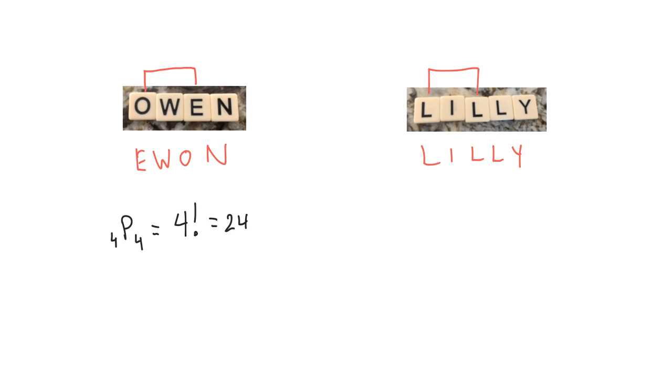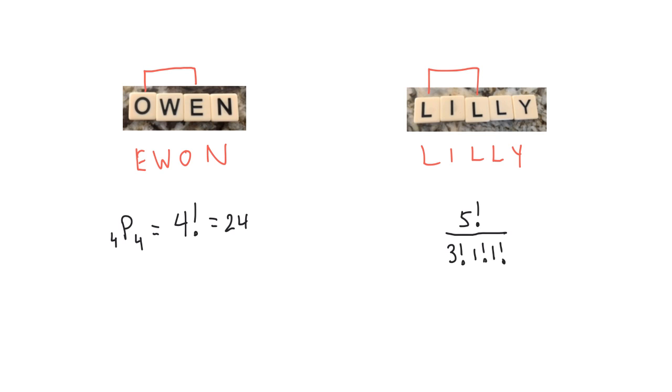All the same thing. Meanwhile, with Lily, the number of rearrangements would be 5 factorial if all the letters were distinct. However, 3 of those letters are type L. So I must divide by 3 factorial. Also, if I care to continue here, one of those letters is type I, and one of those letters is type Y. So I could illustrate all of the different types of letters, the L, the I, and the Y, by putting those 1 factorials in the denominator.